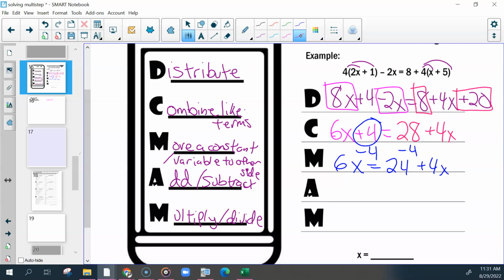Now I need to get both of those variables on the same side. So whatever direction we move the constant, we're going to move the variable in the opposite direction. So then move this variable to the left and do the opposite. So subtract.